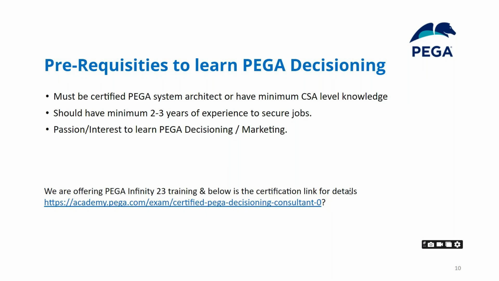That means you need to write data transforms, activities, create Pega case types, and create some service REST, connect REST. All these things will also be there. So that means 30 to 40% of your work will be in Pega. That's the reason you need to already have some Pega experience. At least CSA level experience is mandatory.